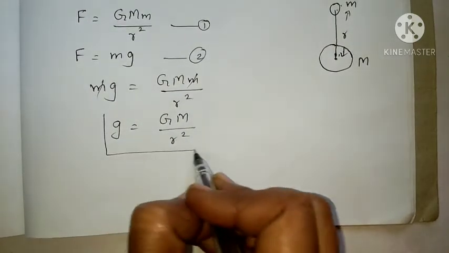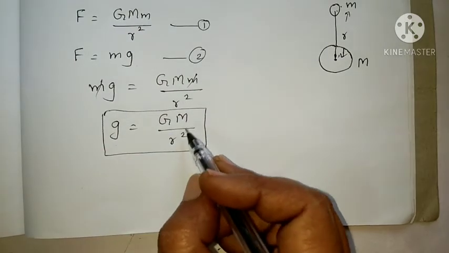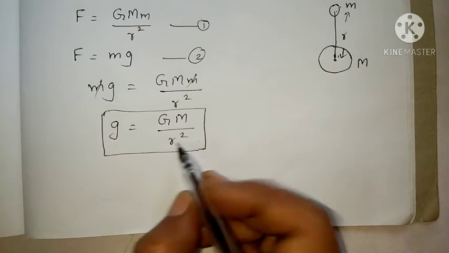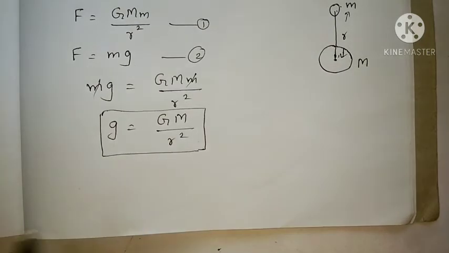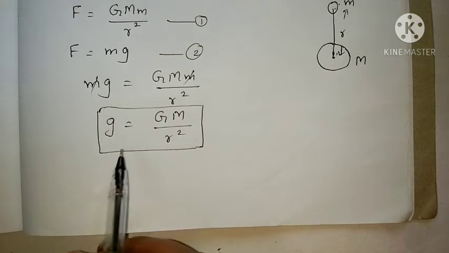So this is the acceleration due to gravity in terms of capital M, the mass of the earth, and the square of the distance between them. And g and r are inversely proportional to each other. So r increases, g decreases.